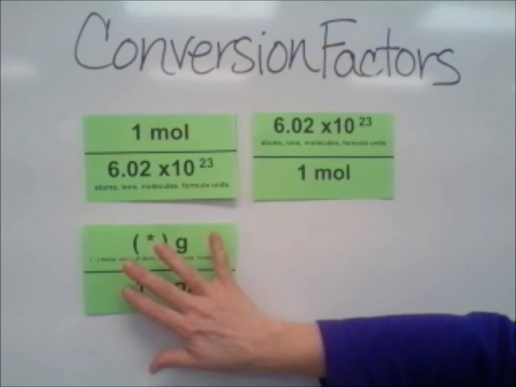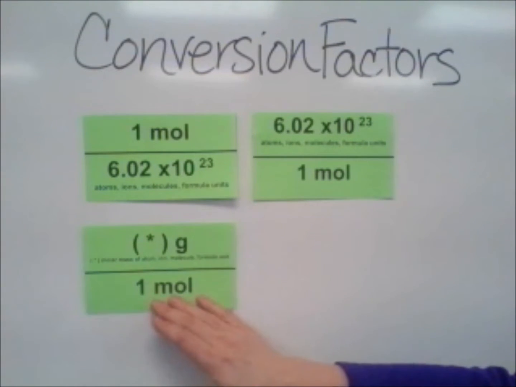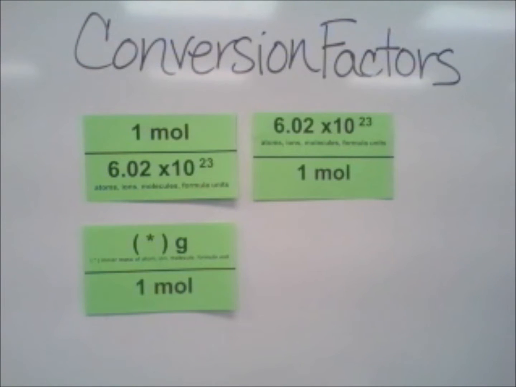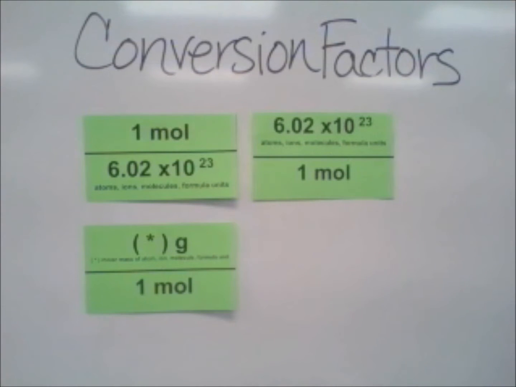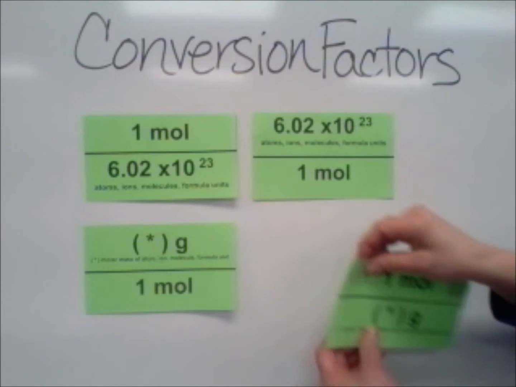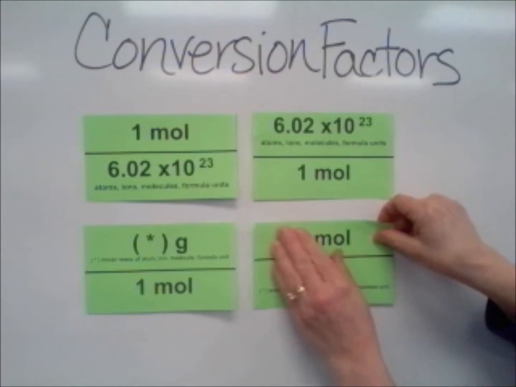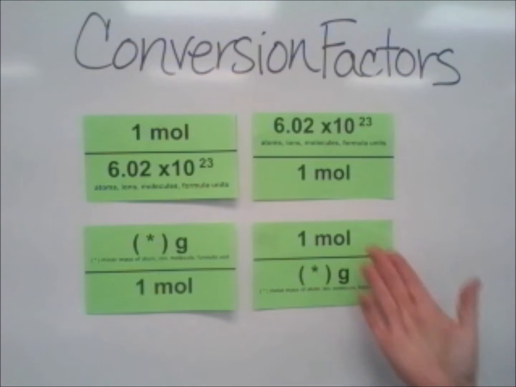If we have 1 mole of a particular substance, and we have to designate that particular substance, we know that it is equal to the molar mass of that particular atom, ion, molecule or formula unit, again depending on what particular substance we're using. Like the conversion above it, we can also flip it around the other direction if we need to. We can put the mole on top and the amount of grams of that particular substance on the bottom.